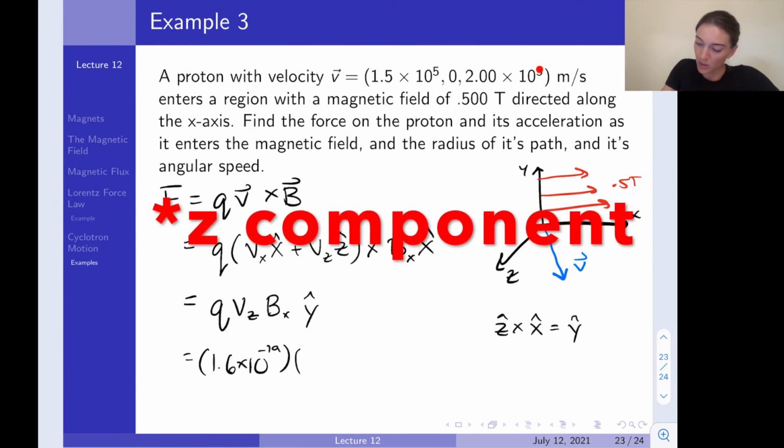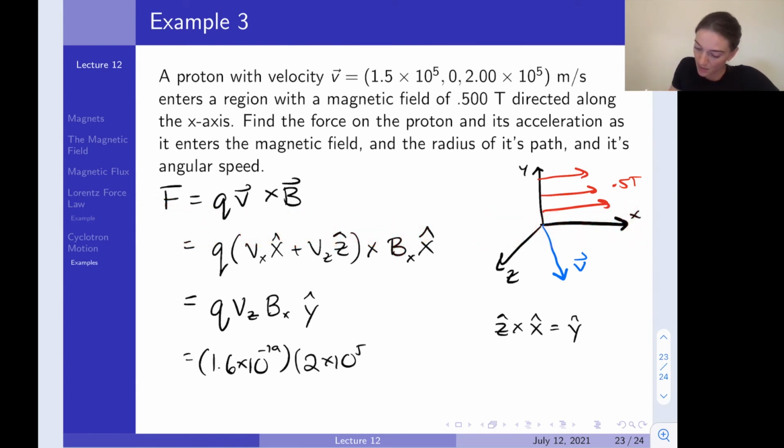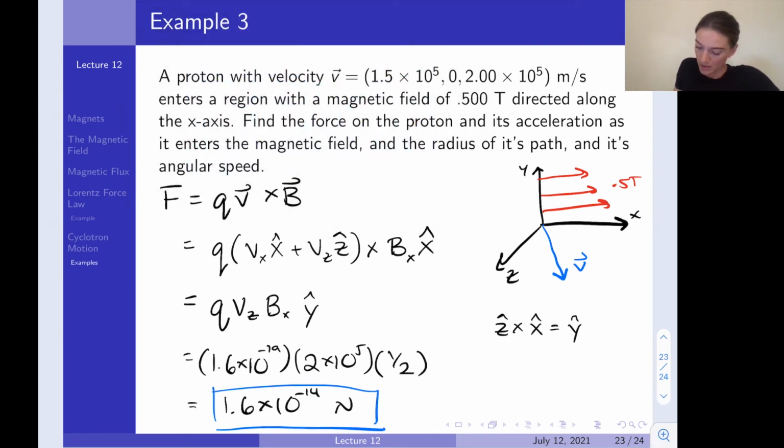The x component of the velocity is 2 times 10 to the 5th. And the magnetic field is 0.5. So just multiply these out. Obviously, some of your 2's cancel here, and you're left with just 1.6 times 10 to the negative 14 newtons.